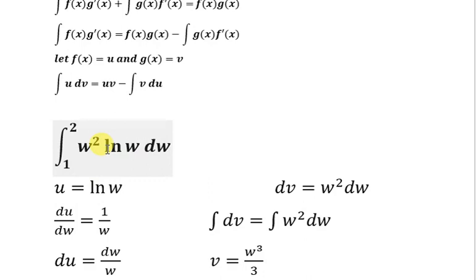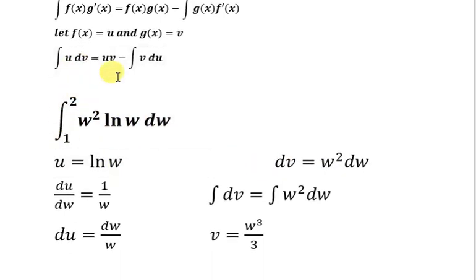Now there are some guidelines as to how to choose your u and your dv, which I'll throw more light on in subsequent videos. But for now, I would prefer to choose ln w to be u, and then w squared dw to be the dv.